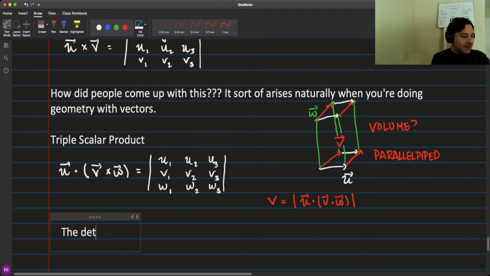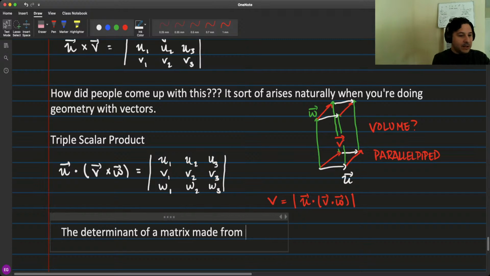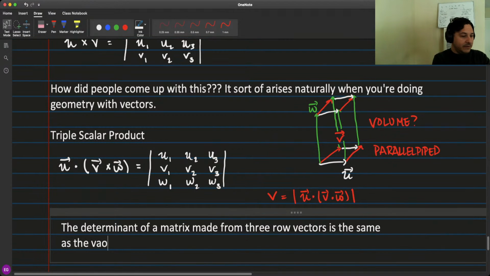So, the determinant of a matrix made from 3 row vectors is the same as the volume of the parallelepiped formed by those 3 vectors.